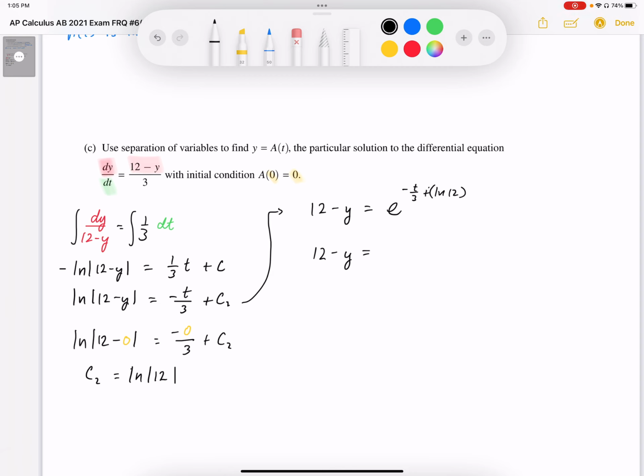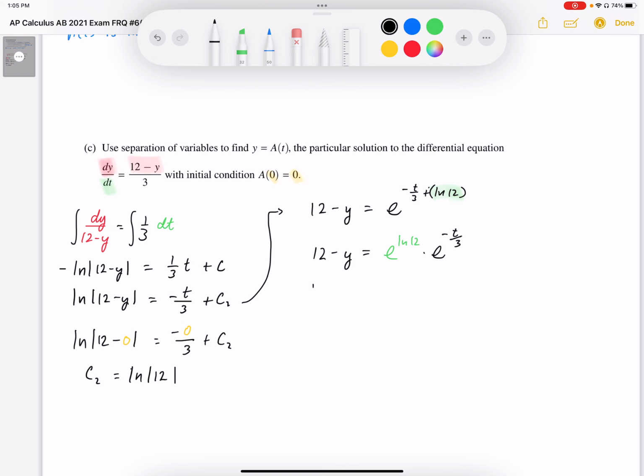So this plus log 12, I'm just going to change the color here. This portion here, I'm going to rewrite that as e to the log 12, which is an identity that's going to end up being just 12. And then we end up with times e to the negative t over 3.